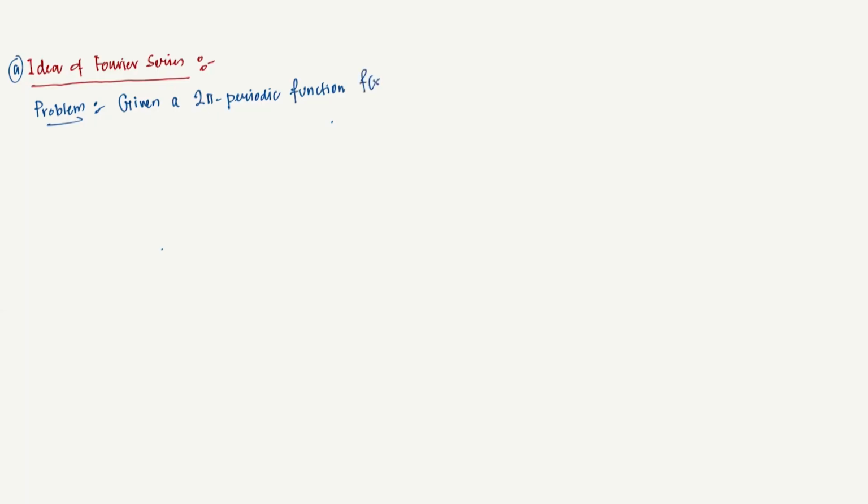f of x, now can we write it? Yes, can we represent it using simple functions? Now you remember in the last video we talked about this, that if f and g are p periodic functions, then a times f plus b times g, with constants a and b, is also going to be a p periodic function, right?